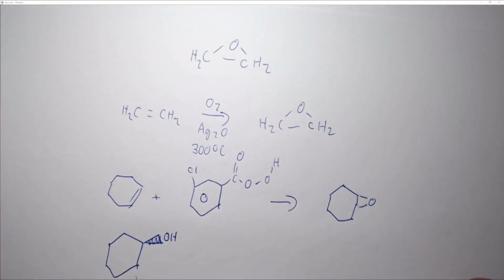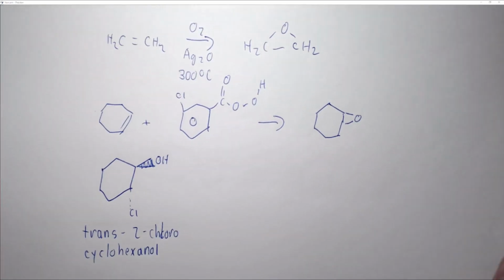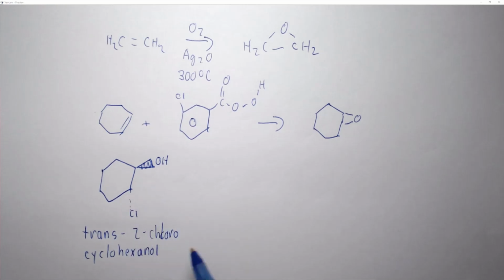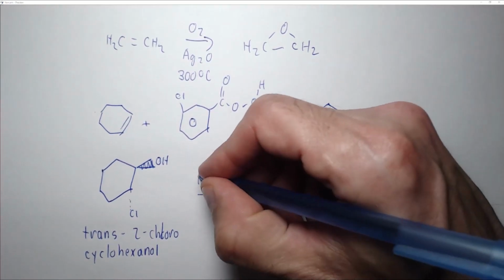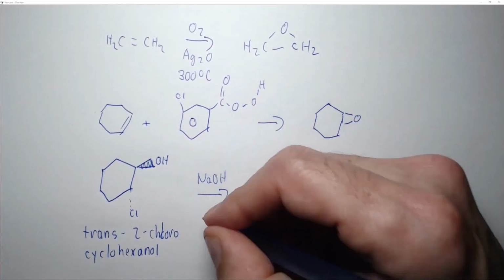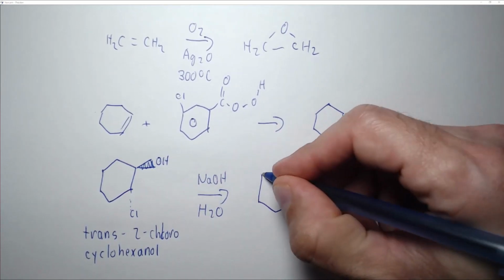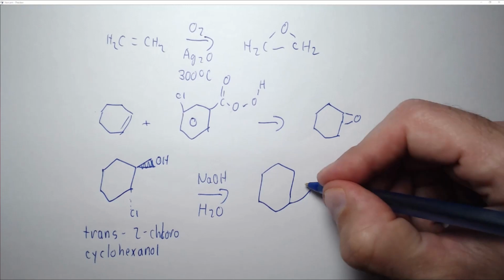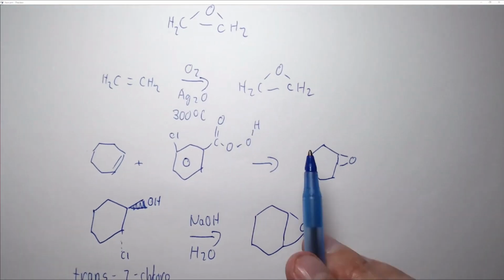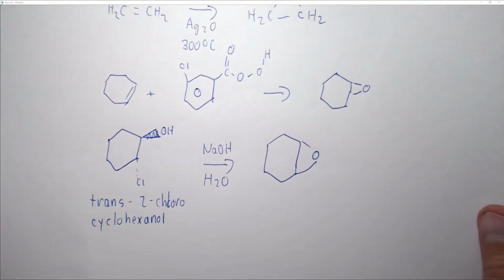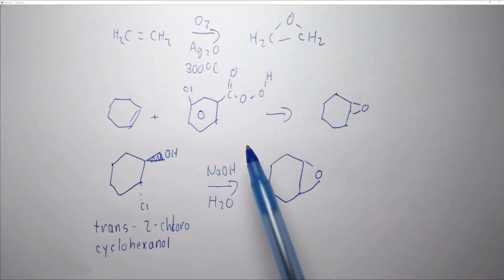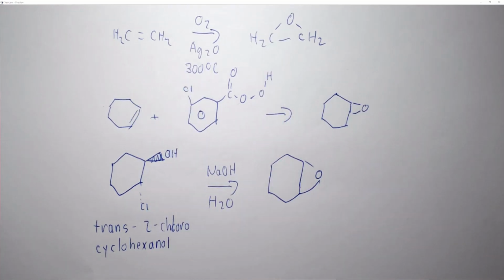It'd be better if that were on the screen here, so I'm just going to move that up. And if we add to this a base in water, NaOH and H2O, we can form a 6-membered ring with an epoxide. So there are 3 different methods, similar types of methods, that are able to form epoxides.